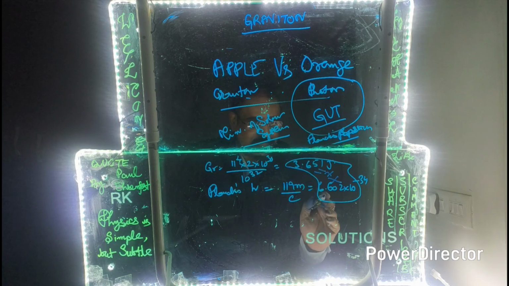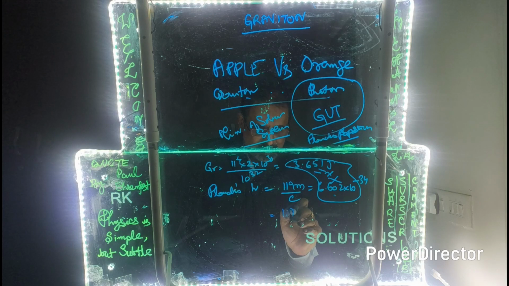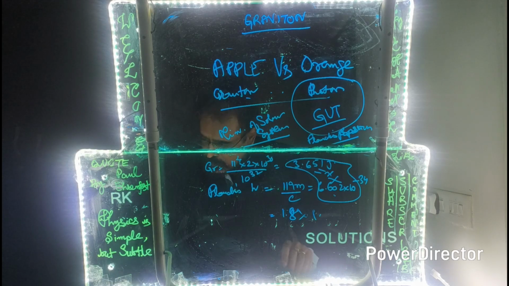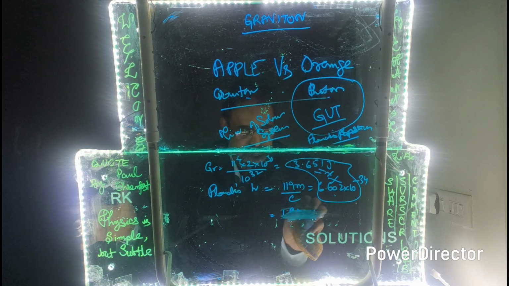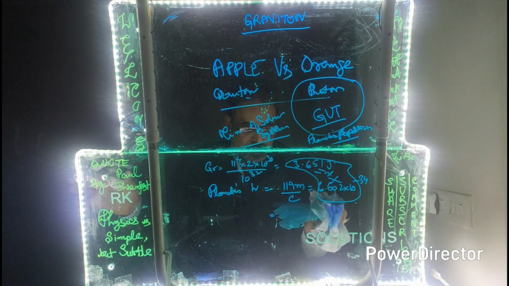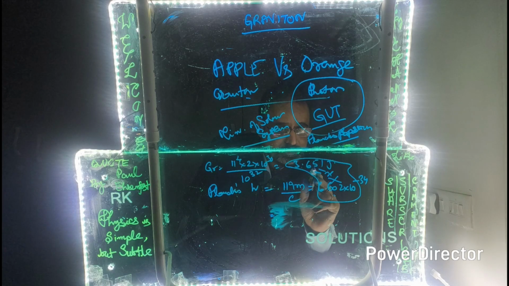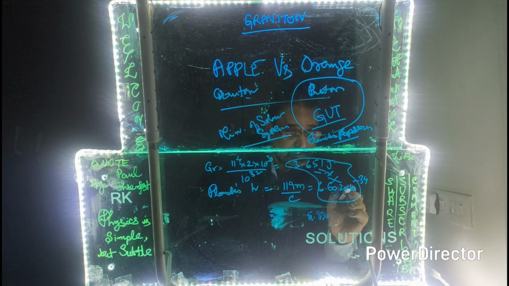Roughly 6.6 divided by 3.2, let's say 1.8, and 36 by 6, around 5.8 or something, into 10 raised to a minimum of 32 times.